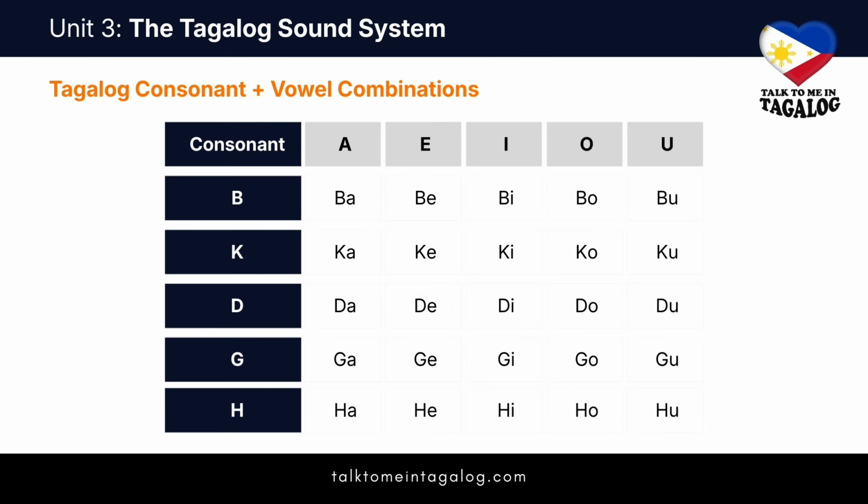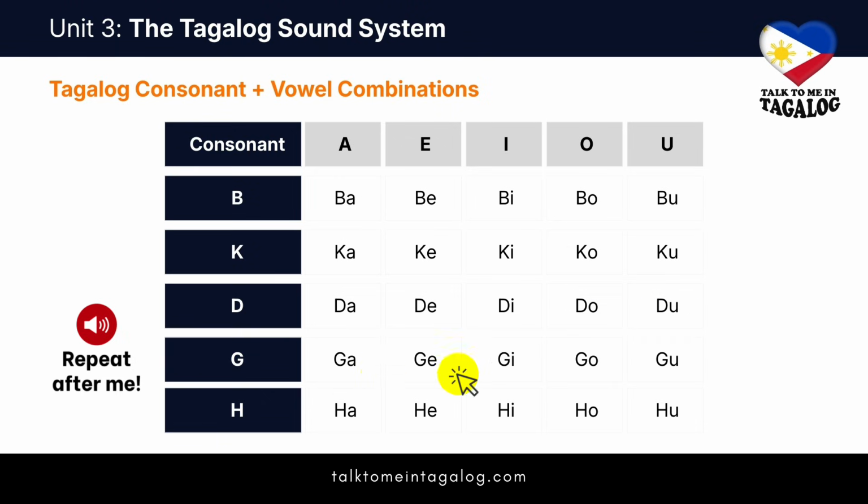In Tagalog, these syllables are written exactly the way they sound. So as you listen, what you hear is exactly what you see. Just follow the pattern as the vowel changes. Let's start. Ba, be, bi, bo, bu. Ka, ke, ki, ko, ku. Da, de, di, do, du.